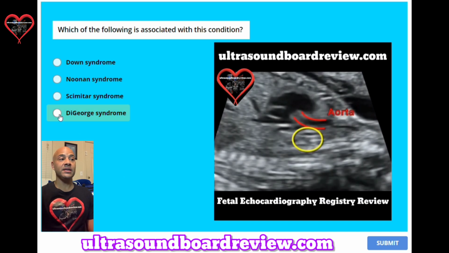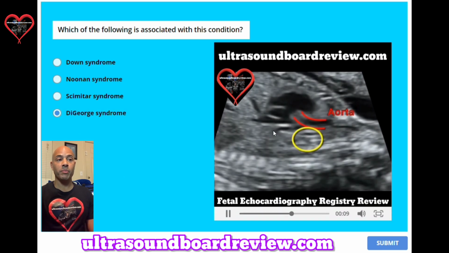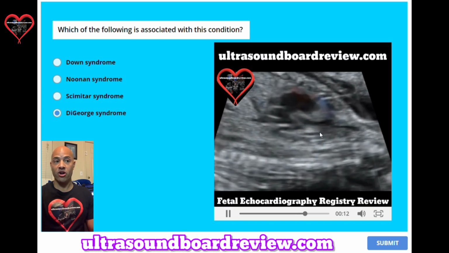The answer is D. DiGeorge syndrome, and this ultrasound represents a fetus with interrupted aortic arch.